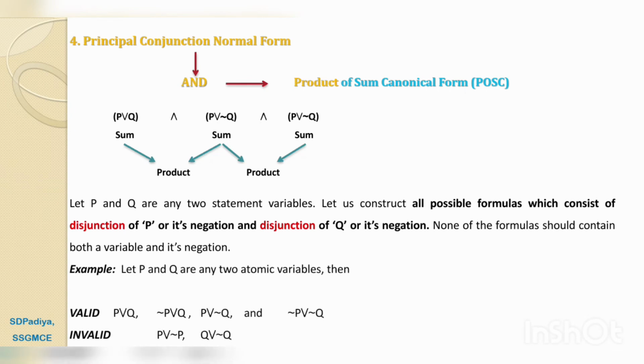Then there are four possible formulas. It may be P or Q, it may be not P or Q, it may be P or not Q, and it may be not P or not Q. The disjunction of P and its negation and the disjunction of Q and its negation is invalid. Therefore, P or not P and Q or not Q are invalid.